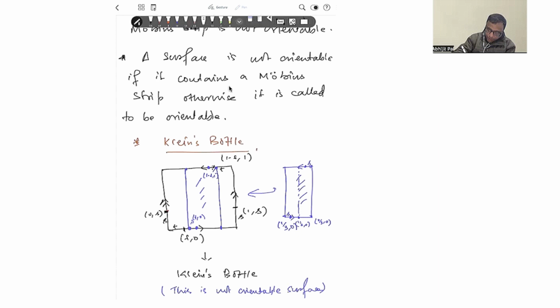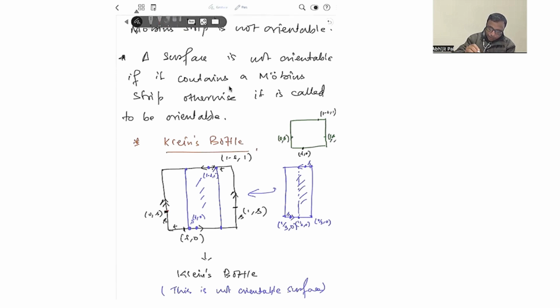You take the square, the 0s point is identified with the 1s point, and (t, 0) is identified with (1 minus t, 1). The identification is only on the boundary of the square. If you take the quotient space, you will get the Klein bottle.